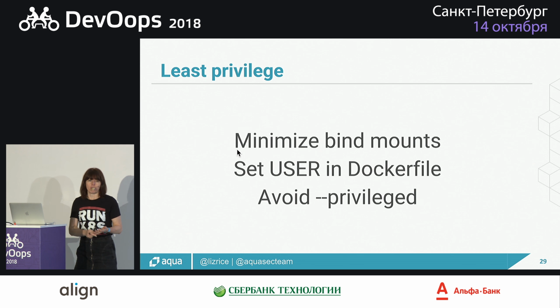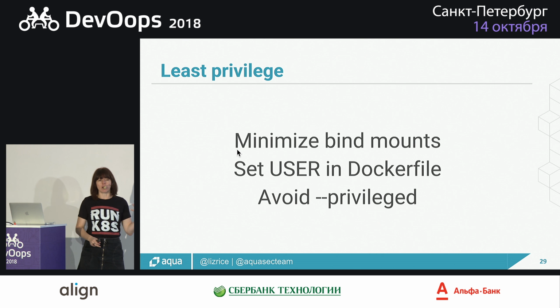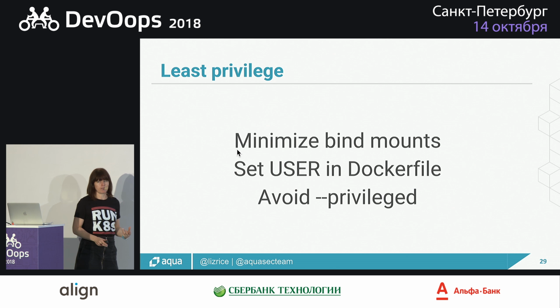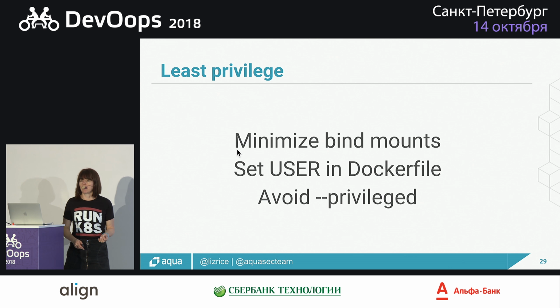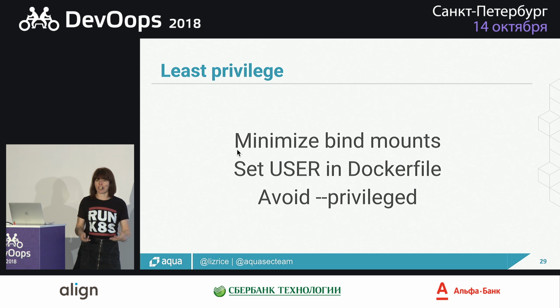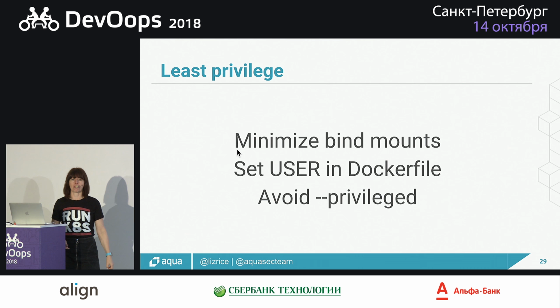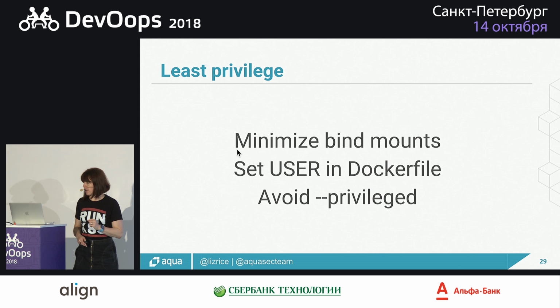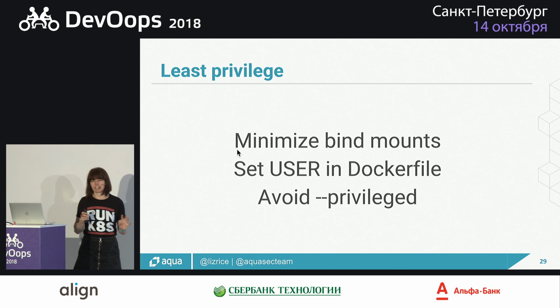So yeah, that was a bind mount, so minimize bind mounts, particularly for sensitive directories. Use the user directive in Dockerfiles so that your images don't have to run as root, and avoid that privileged flag that I mentioned earlier, which is terrible.